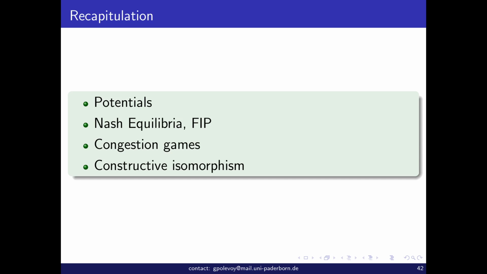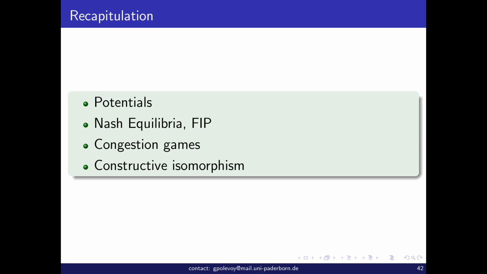Then we looked at congestion games, which is also a very important class of games. While potential is something which we can have in a game, a congestion game is a concrete model of something. It's a very wide class, but it's a model.